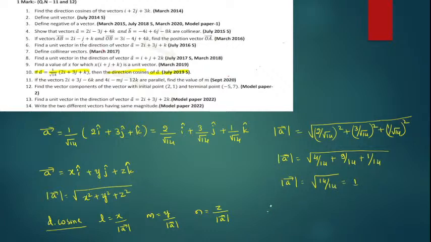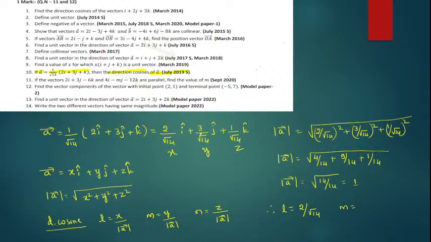Therefore you will get your direction cosine l is equal to x divided by its magnitude. Here it is your x value, y value, z value. So x divided by magnitude of A. The x value is 2 by root 14 divided by 1. So nothing but your l value will be 2 divided by root 14.